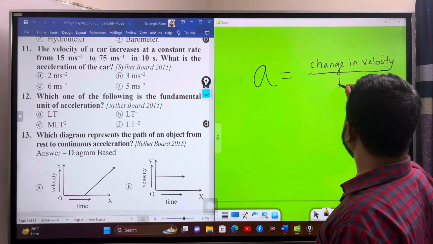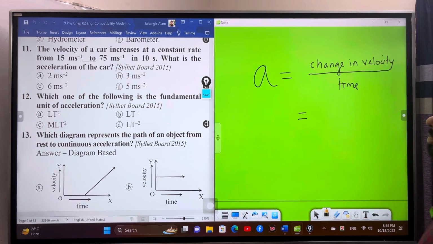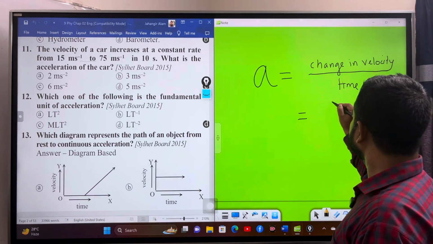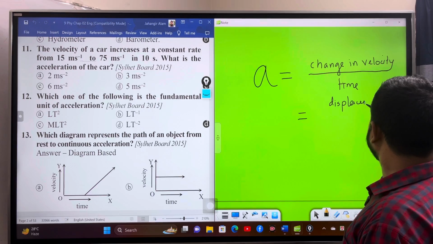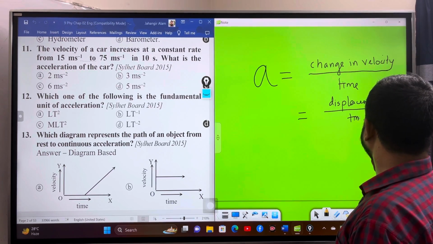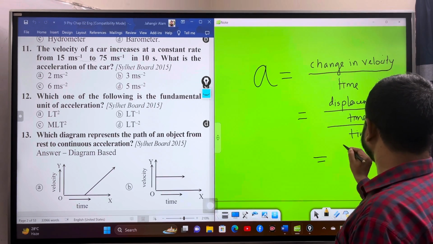Again, velocity is not a fundamental quantity. Velocity equals displacement divided by time. So divided by another time, so displacement divided by time square.